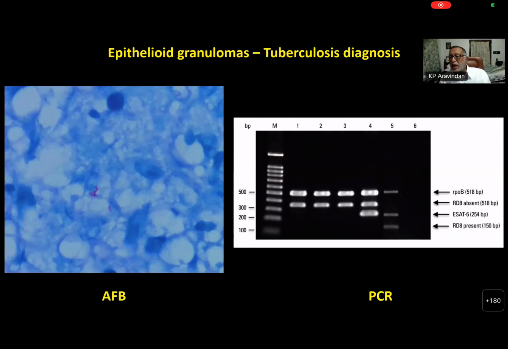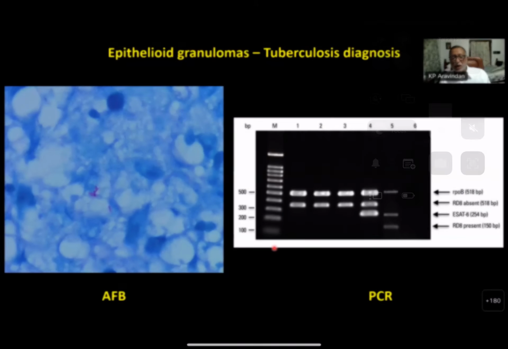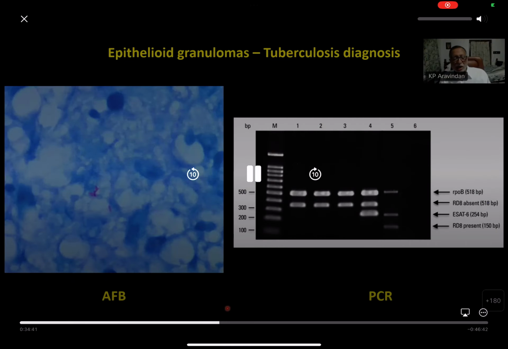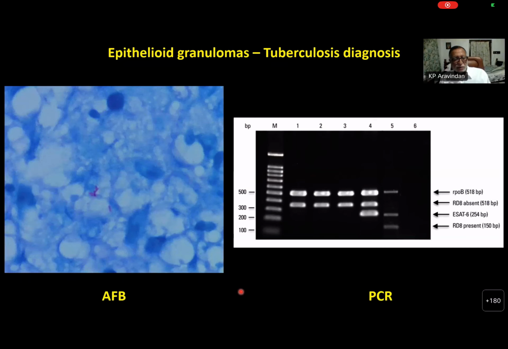So AFB stain should be done in all cases of granulomatous inflammation. And surprisingly, if you diligently do the staining and diligently search for it, in a lot of cases you do find acid-fast bacilli in the tissue itself.